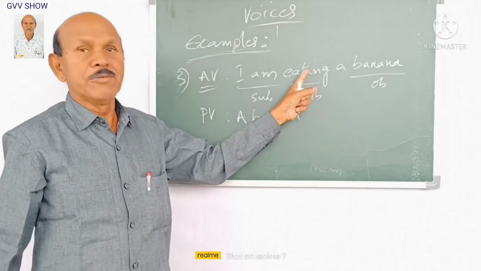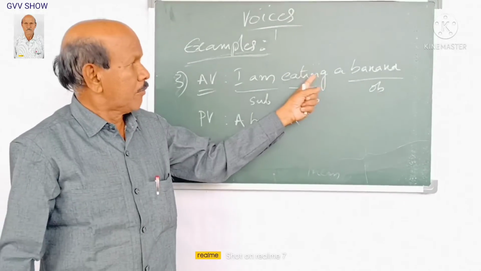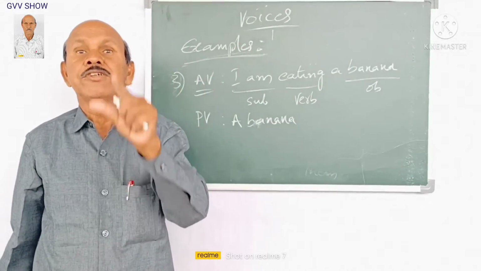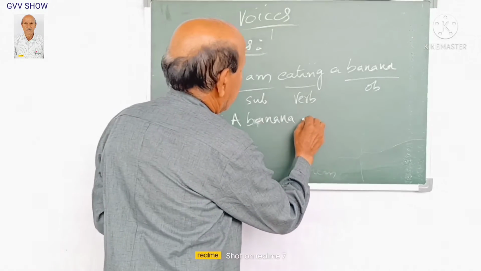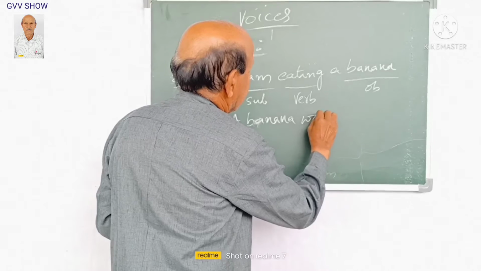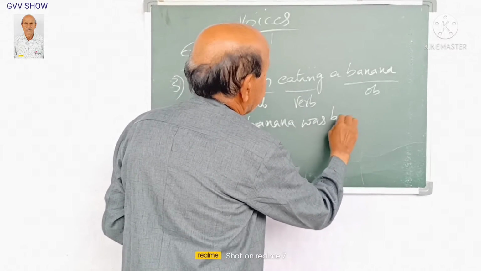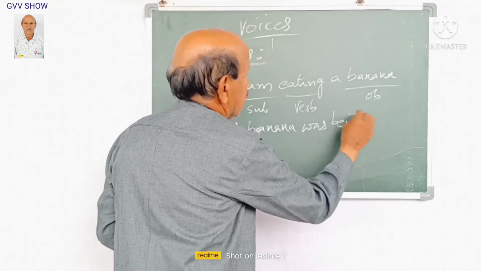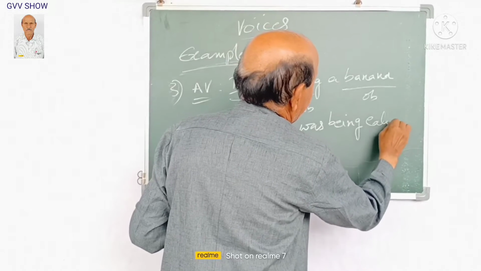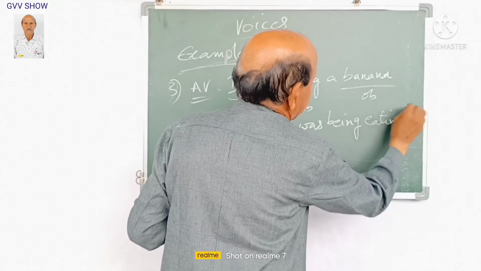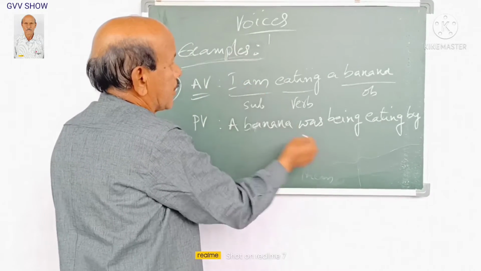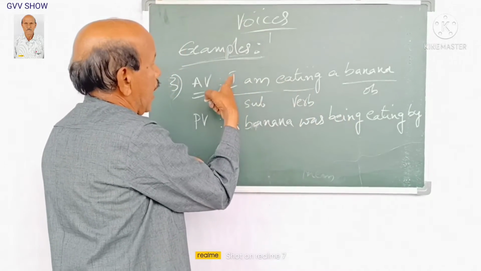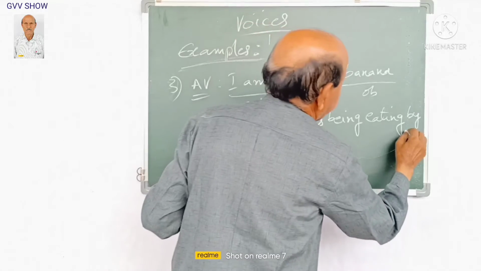So when "ing" comes, we must use "being" in passive. A banana was being eaten by me. Why does it come as "was"? "I" means "me", by me.